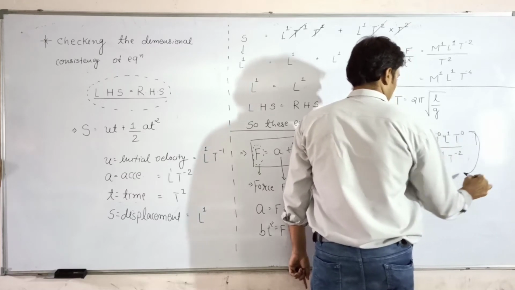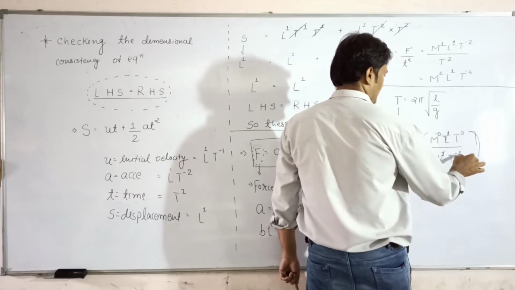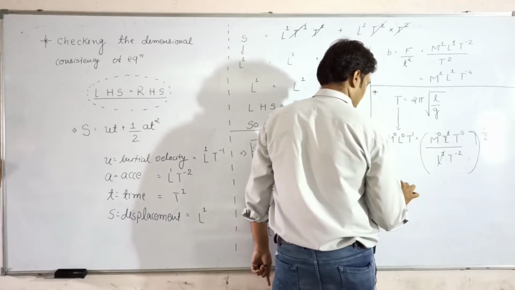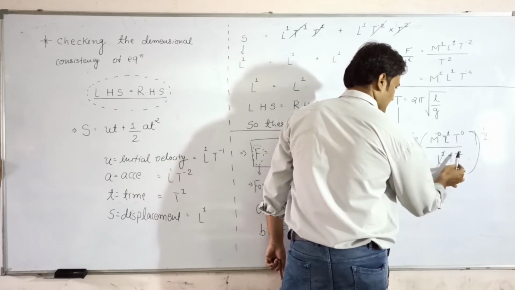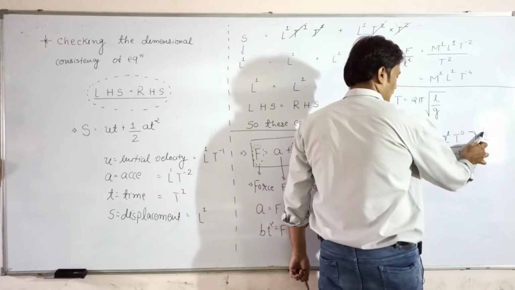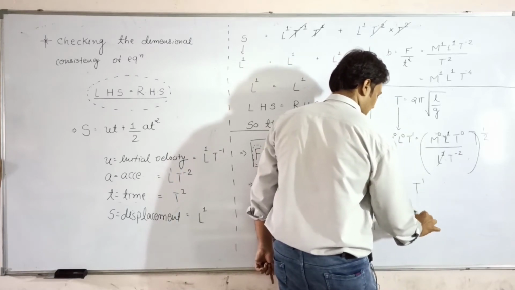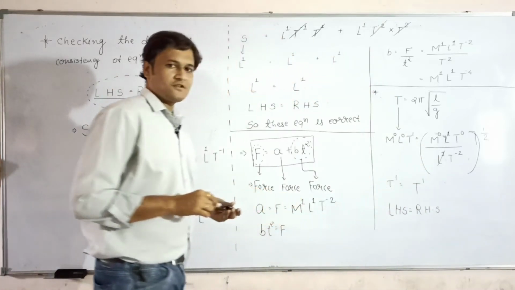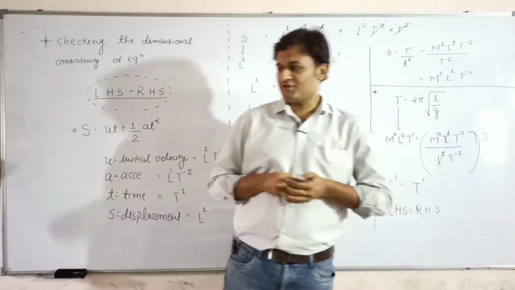So here L1 is cancelled, T raised to minus 2, and the whole raised to root. So I can write it is T1, and T raised to minus 2 in the numerator becomes plus 2, and the whole raised to 1 by 2 is T1. So we can write LHS is equal to RHS. That is very simple. This equation T is equal to 2 pi under root L upon G is correct.